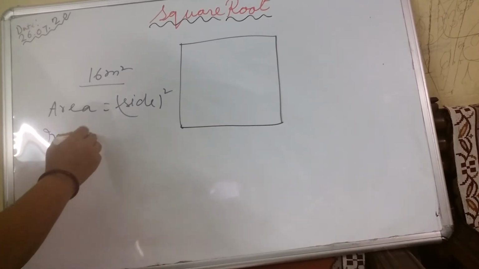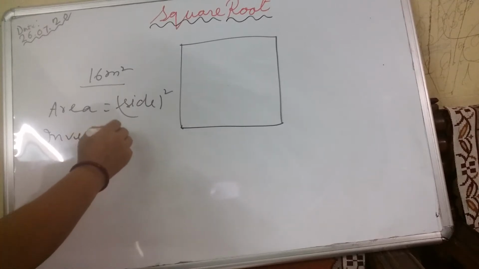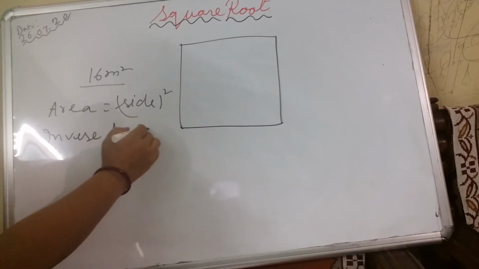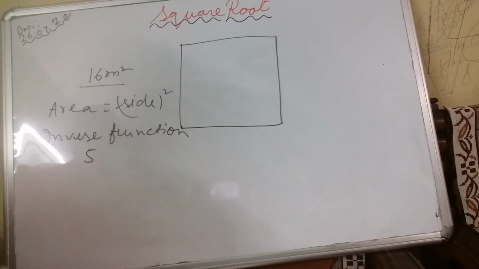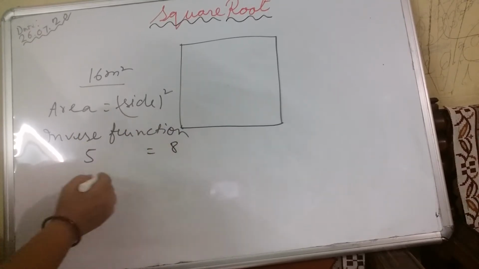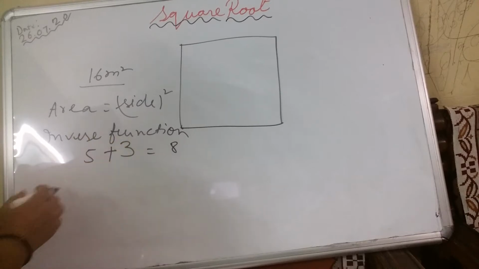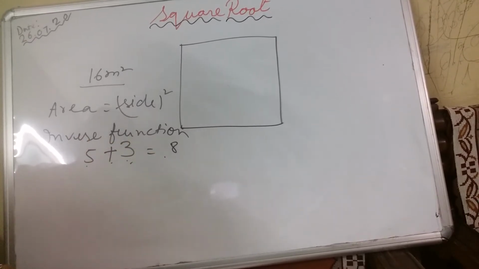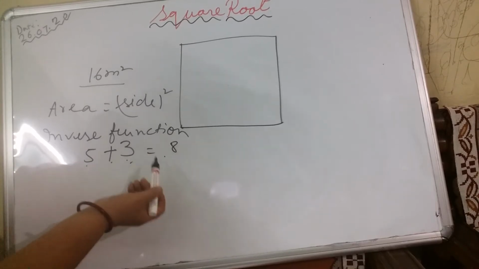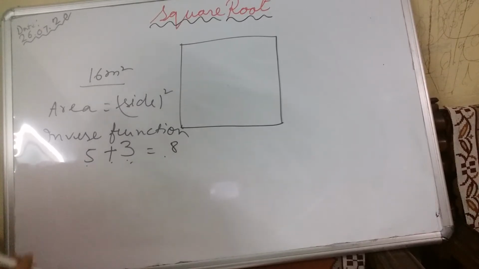Now if I give you 5 and if I ask you to make it 8, what will you do? You will add 3 with it. So 5 plus 3 is 8, okay? And now if I give you 8 and I ask you to make it 5, what will you do?